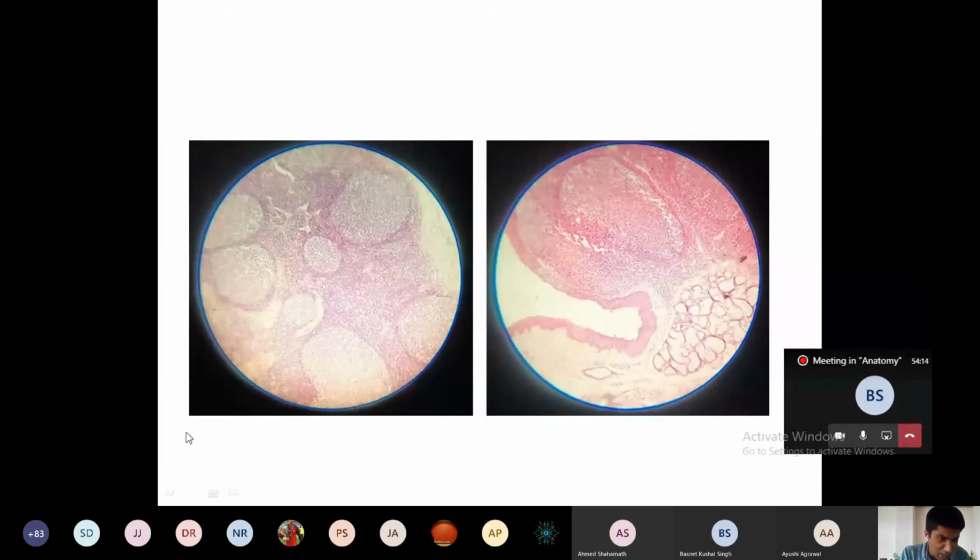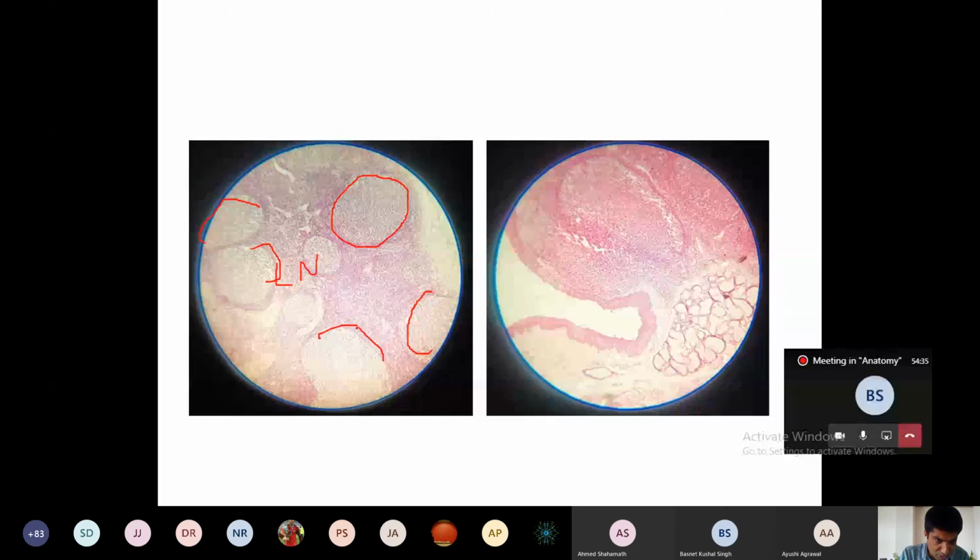Now come to the lymphoid organ. The first lymphoid organ which you are seeing here is the lymph node. See here, this one is the lymph node. You can see lymphatic follicles in the cortex. These all are the lymphatic follicles.